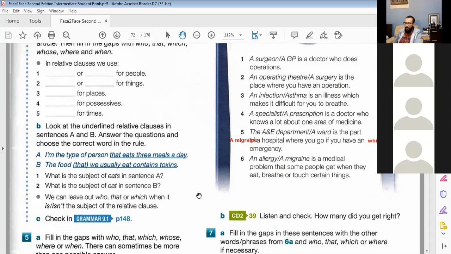Is it for operations or not? Not for operations, no. If it's for operations, we will say operating theater, right? But this one is not for operations. It's the opposite.